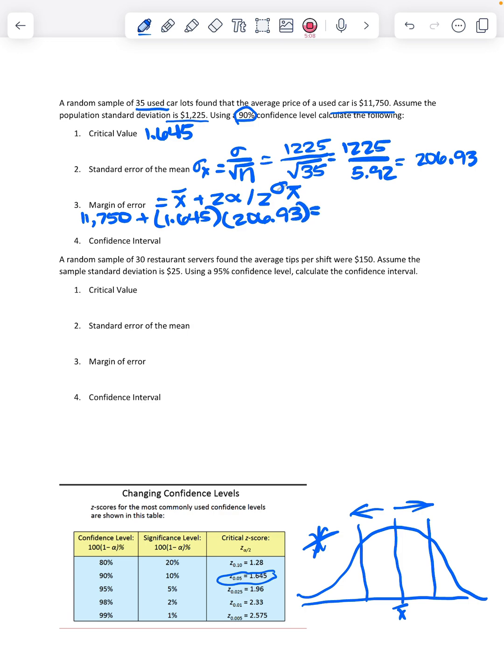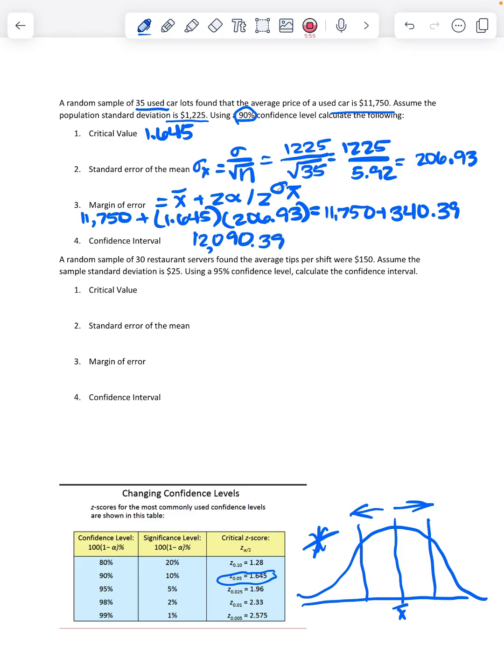When I calculate that, I get a margin of error of 340.39, and if I add these together, I get a total of 12,090.39 as my upper limit.